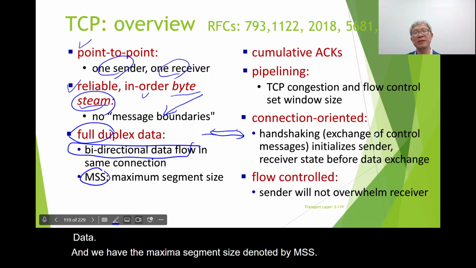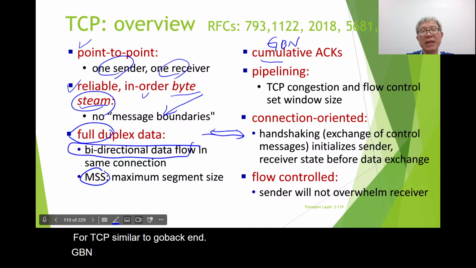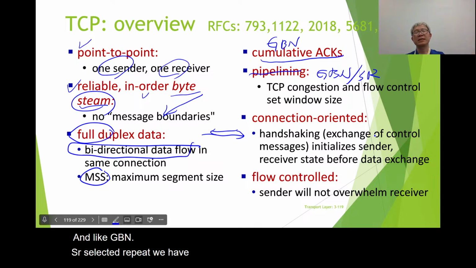Well, for TCP, similar to Go-Back-N, GBN simply, we have a cumulative ACK. And like GBN and SR, selective repeat, we have pipelining for TCP.